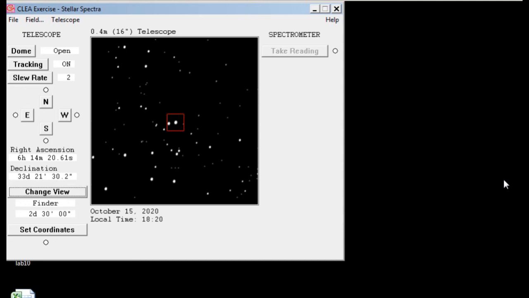All sorts of interesting things can be found just from taking the spectrum of these stars. Today's lab also gave you a good look at what doing research as an astronomer might look like.